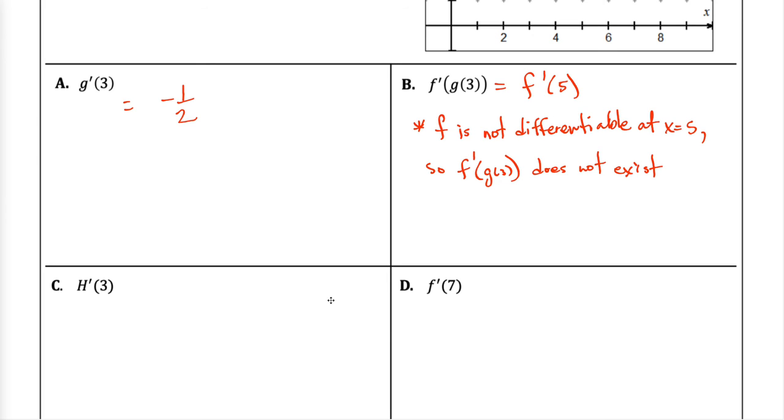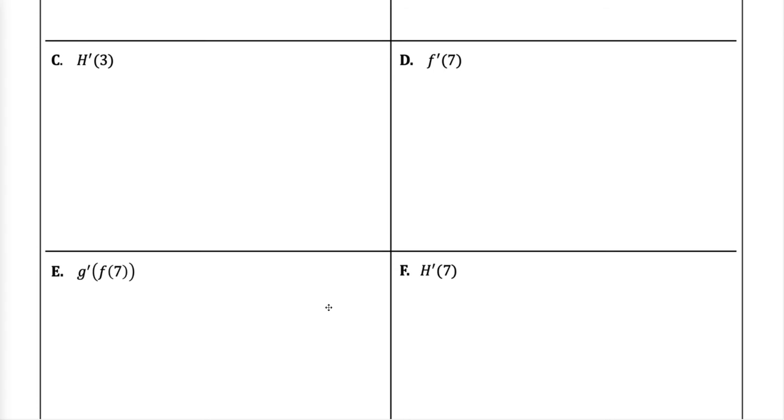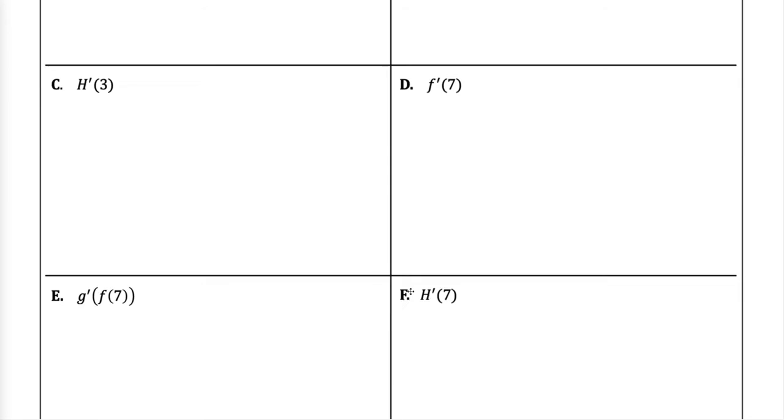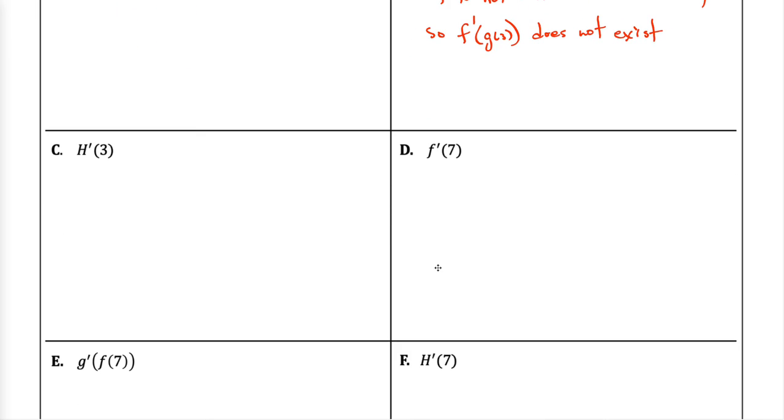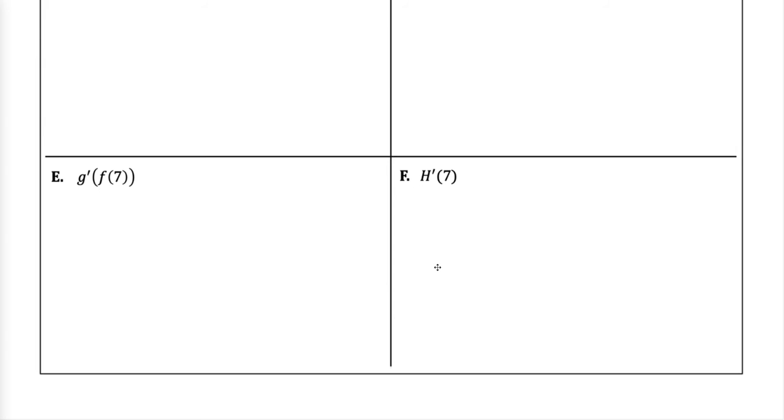No, because C includes B. So let's go to F. When I was looking at C, h prime of 3 is the same thing as saying f prime of g of 3 times g prime of 3. And we just found out that f prime of g of 3 has no answer. So we won't do C. Let's do F. h prime of 7.